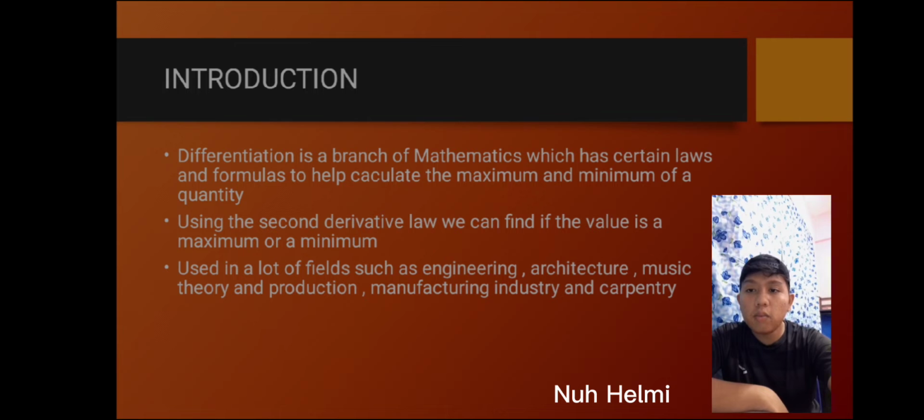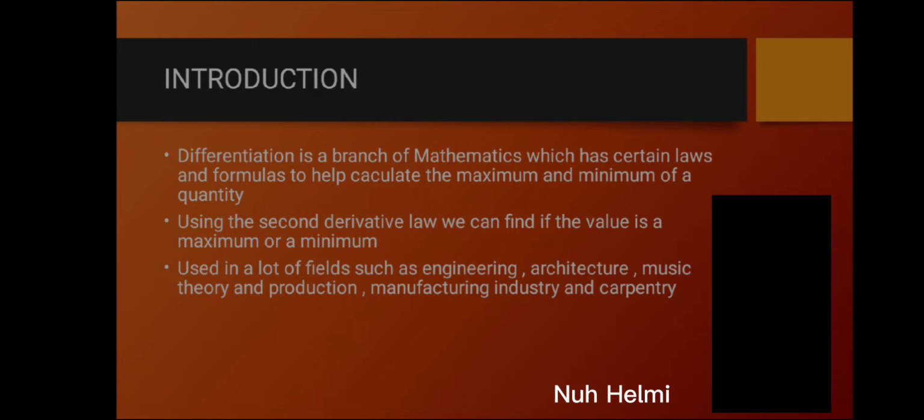Differentiation has many uses in a huge variety of fields such as engineering, architecture, music theory and production, the manufacturing industry, and carpentry. And we are going to present about the uses of differentiation in engineering.